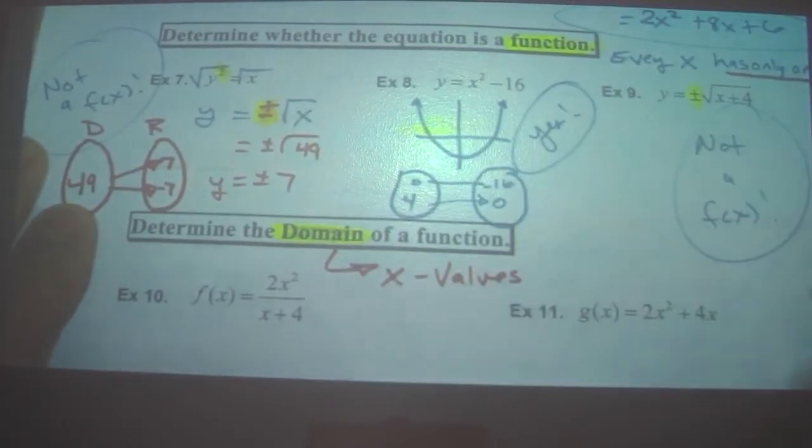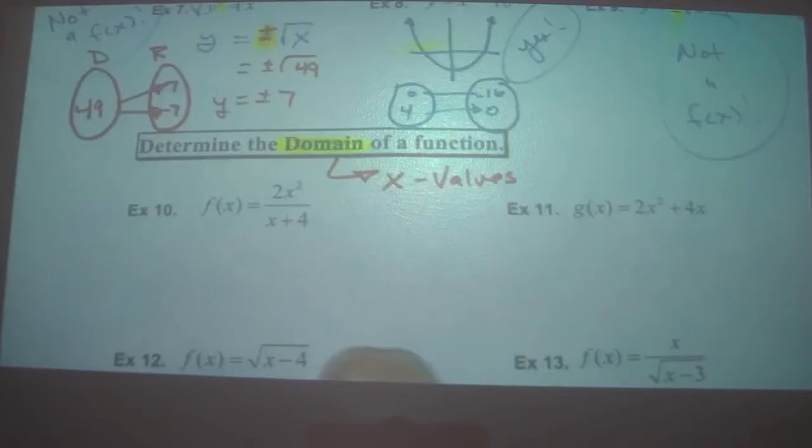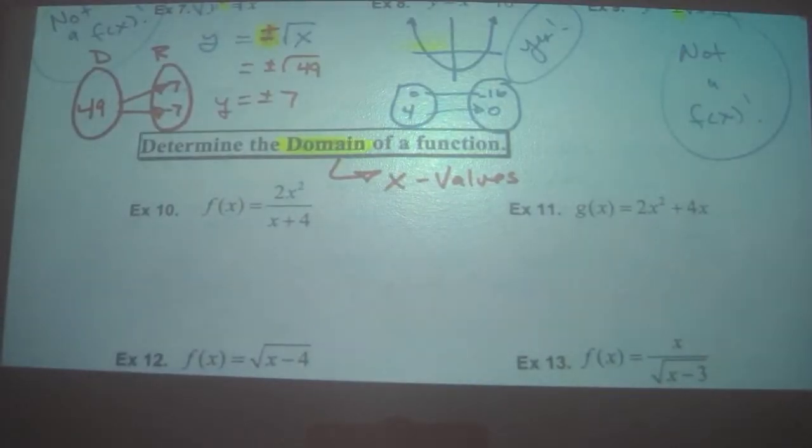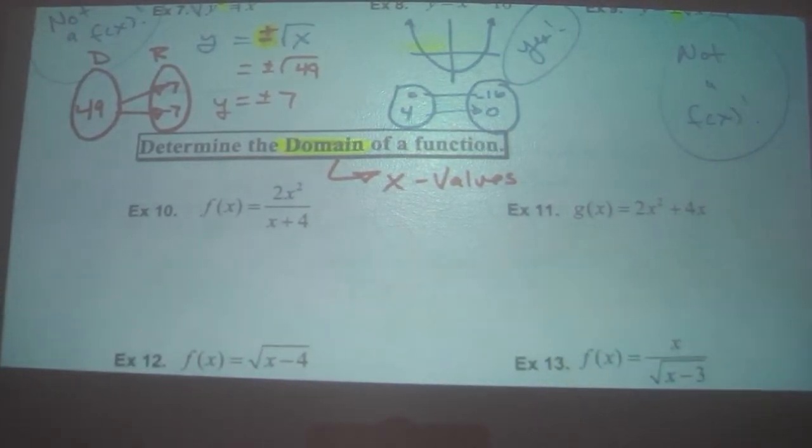Very good. Okay. Now, when we plug in an x value, I should get something out, right? X's are my inputs. So I need to figure out what values I can plug in. More importantly, I got to figure out what values I can't plug in.